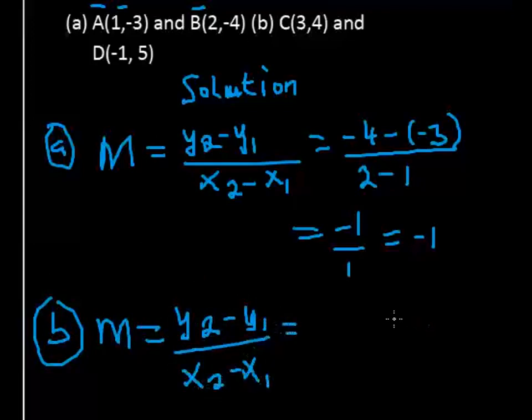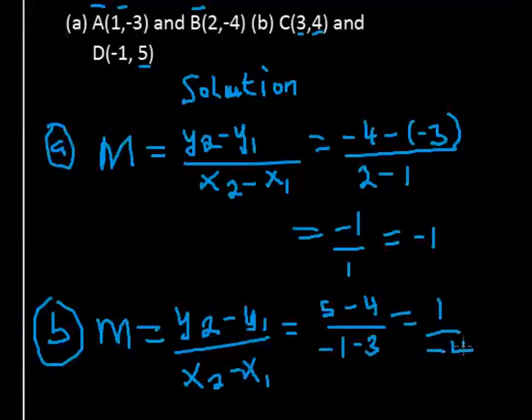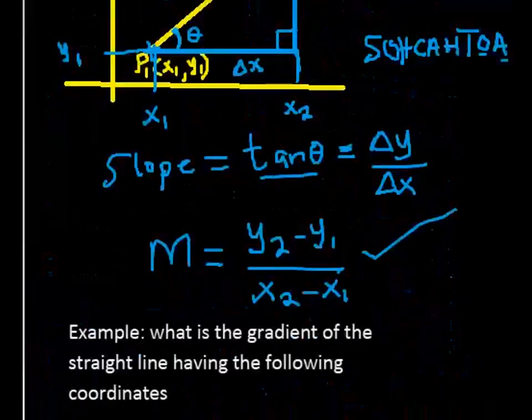As simple as what we did before, y2 is 5, y1 is 4, so it's 5 minus 4, divided by x2, which is minus 1, minus 3. So the numerator is 1, and minus 1 minus 3 gives me minus 4. So my answer is minus 1 over 4. As simple as that. I hope we are good.